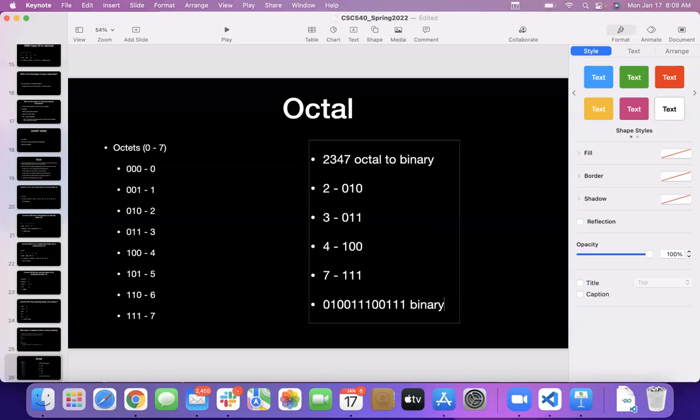So we could just represent each octet as its 3-bit equivalent and then put them right next to each other. And that is the binary number equivalent to 2347 octal. All right, so octal gives us that compatibility.